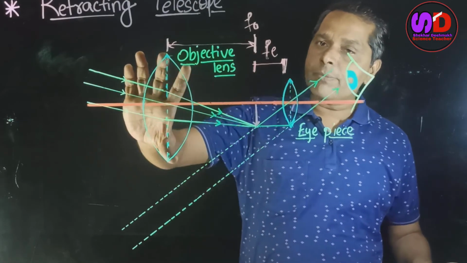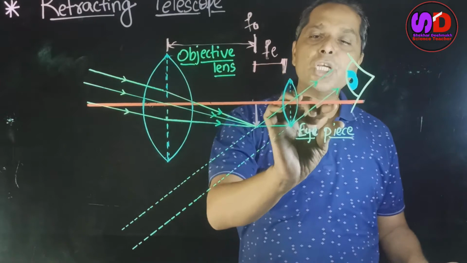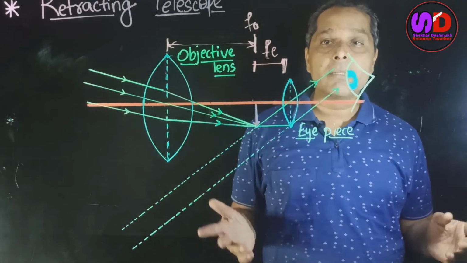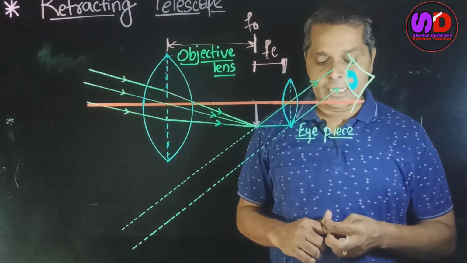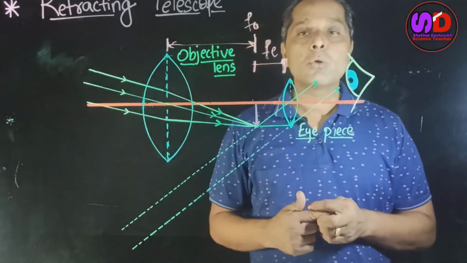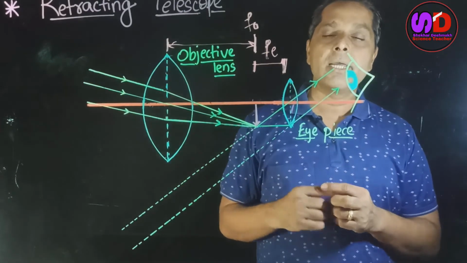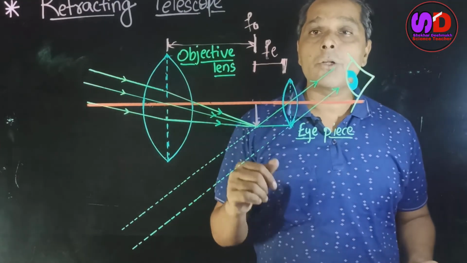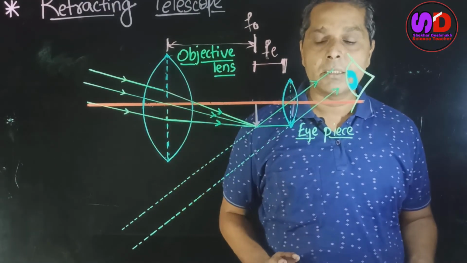By keeping the object lens constant, and by changing the eyepiece, we can get different magnifications. So this telescope is used to see distant, very far objects clearly. So this is also an application or use of convex lens.